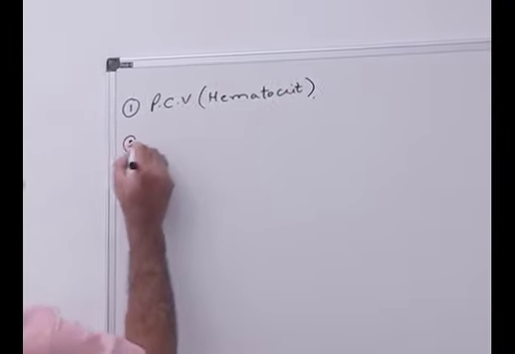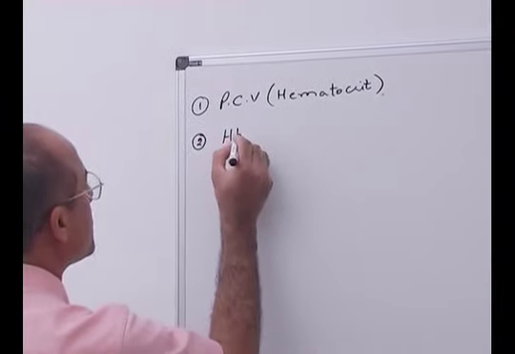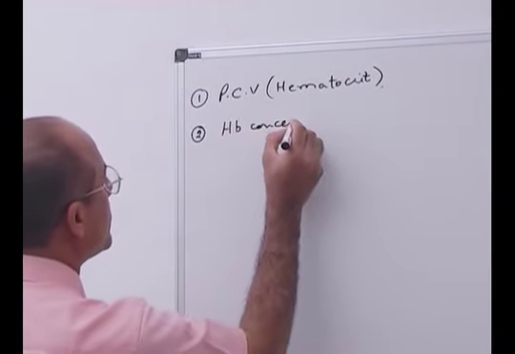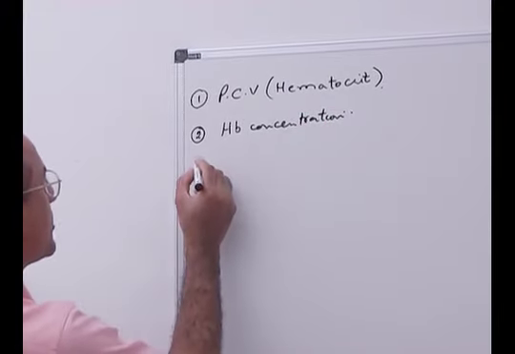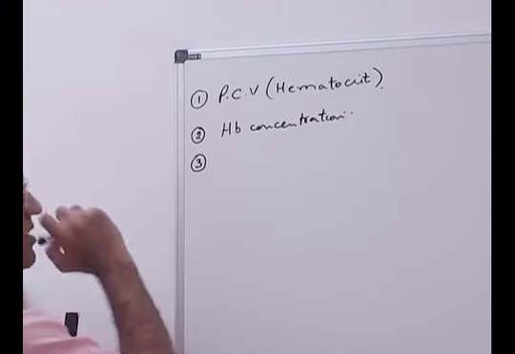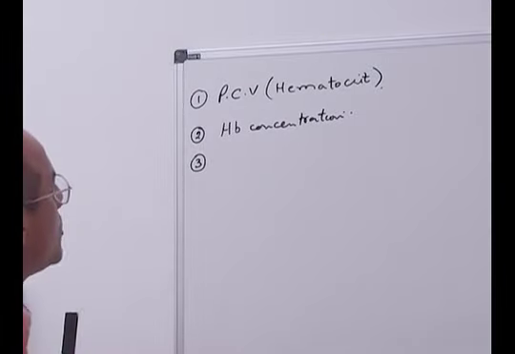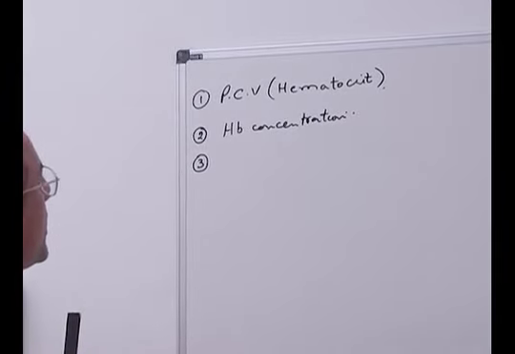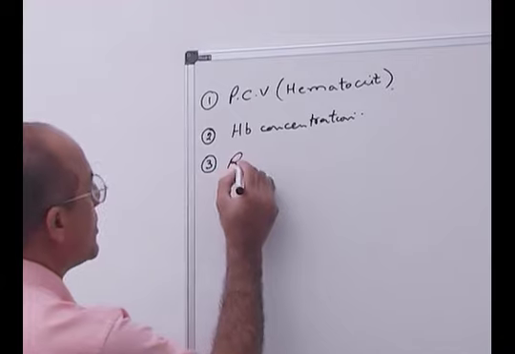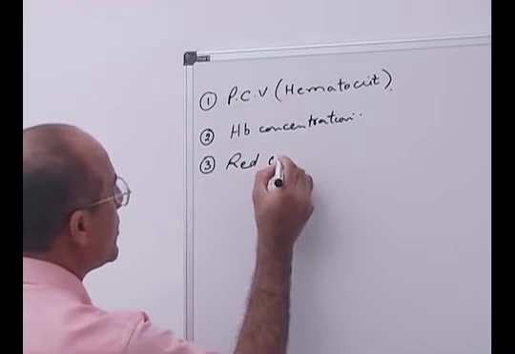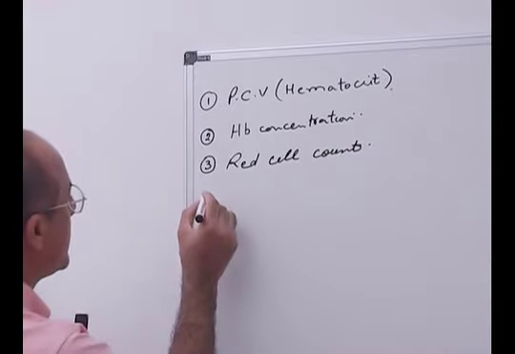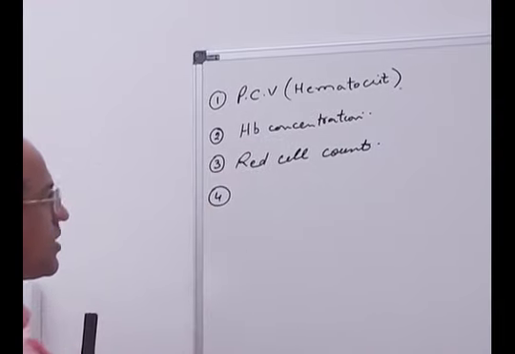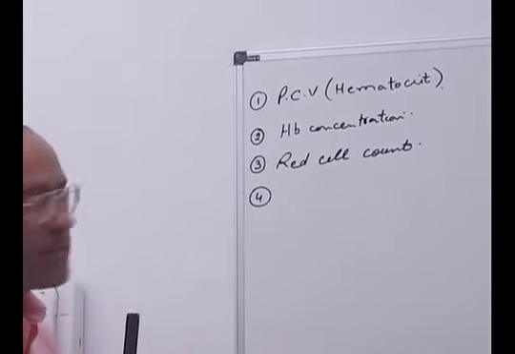Number two, you must know the concept of hemoglobin concentration. Number three, you must be clear about red cell count, right? After the lectures, you must be clear in all these terms which I am writing there.